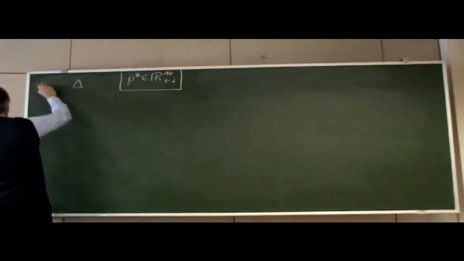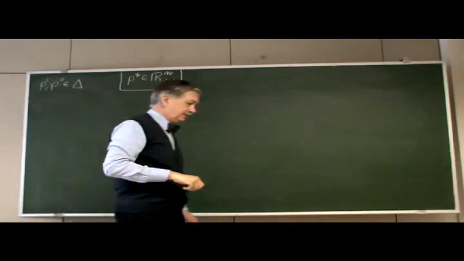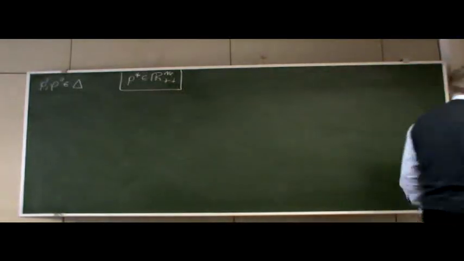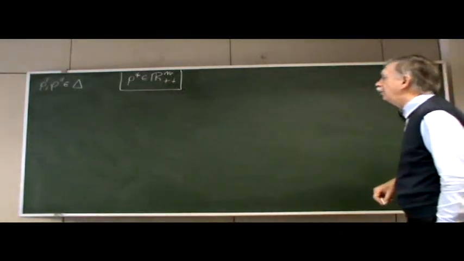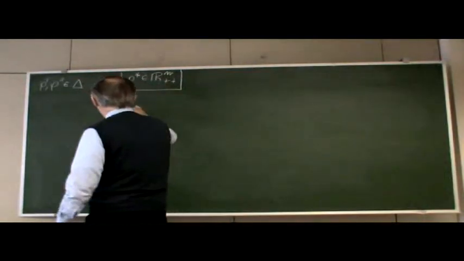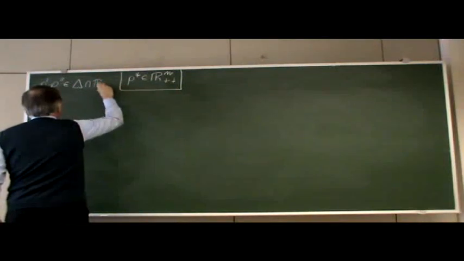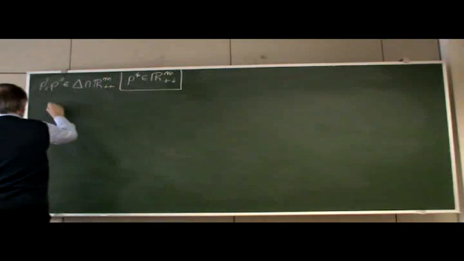Well, let us suppose that there are two different equilibrium price systems, P prime and P double prime. Remember that both of these equilibrium price systems have all positive components.